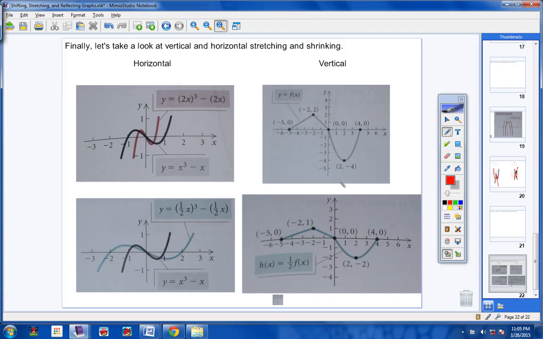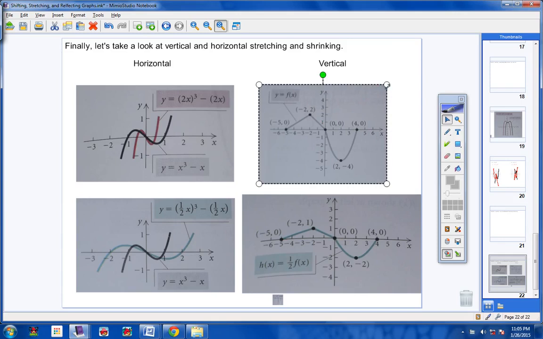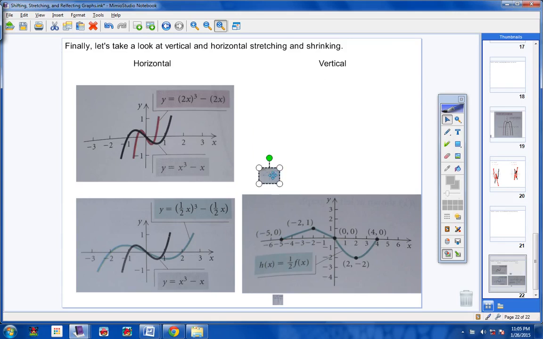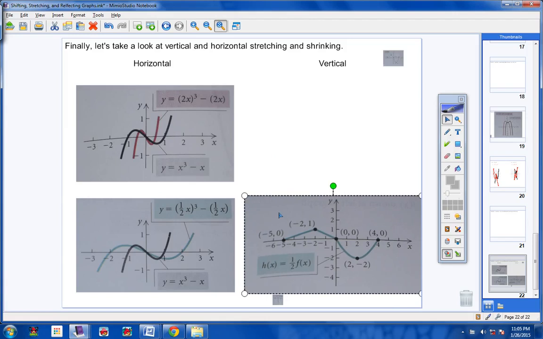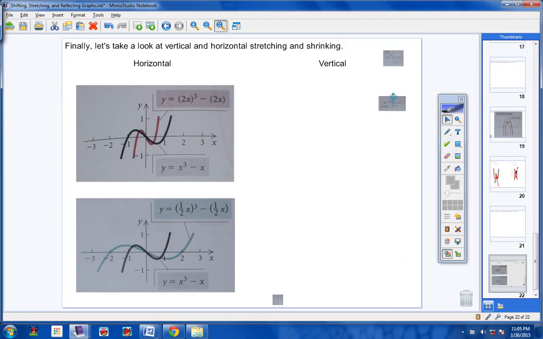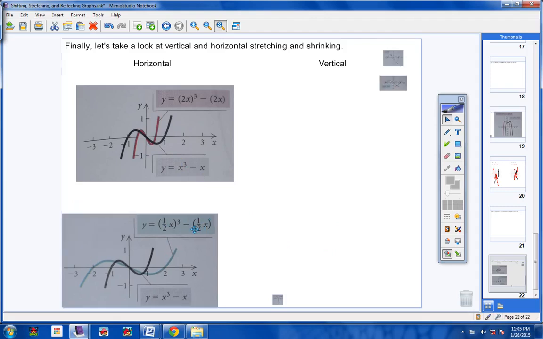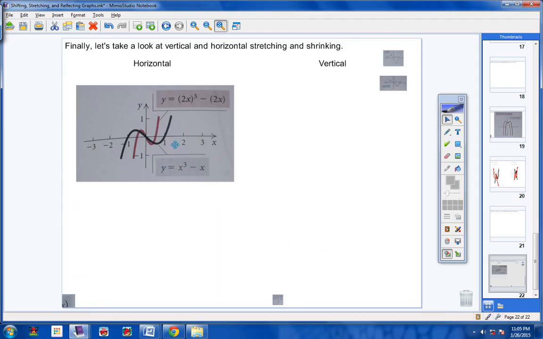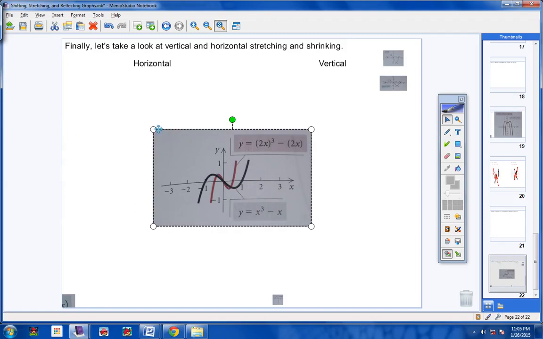Now, let me shrink some of these so it's not so confusing, okay? Let me get rid of this here, if I can. Please take some really good notes, students, please, okay?